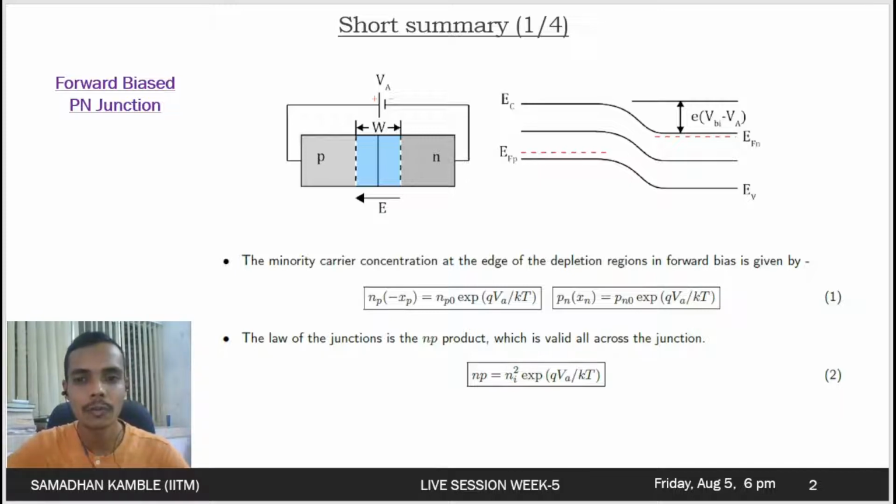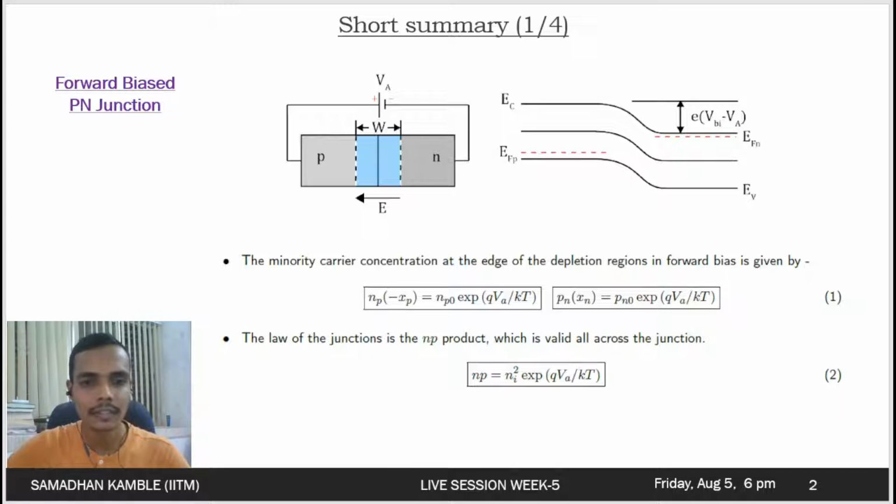When holes from the P region flow across the space charge region into the N region, they become excess minority carrier holes and are subject to the excess minority carrier diffusion, drift, and recombination processes, as we discussed in the previous week. Likewise, when electrons from the N region flow across the space charge region into the P region, they become excess minority carrier electrons and are subject to these same processes.